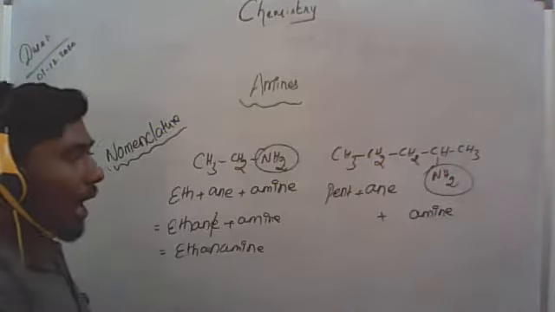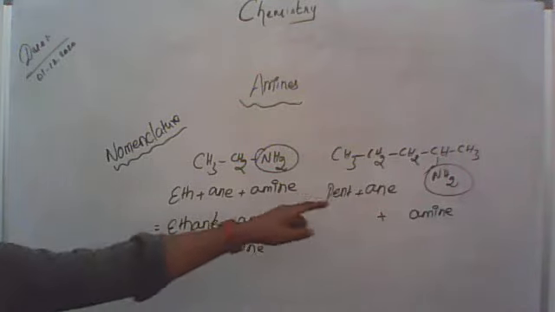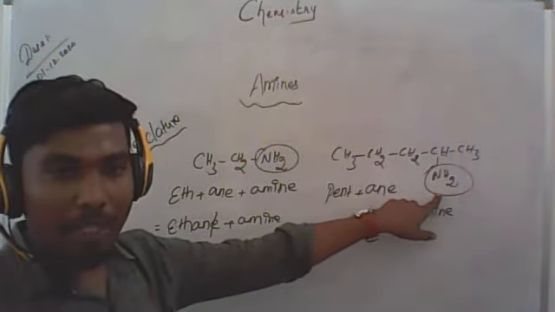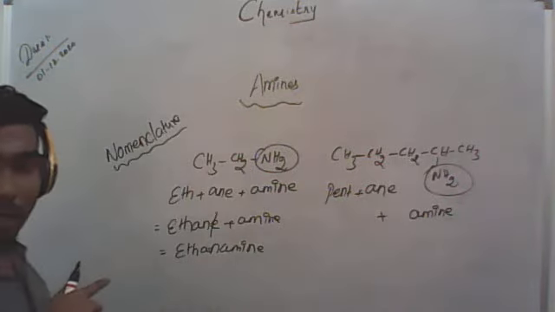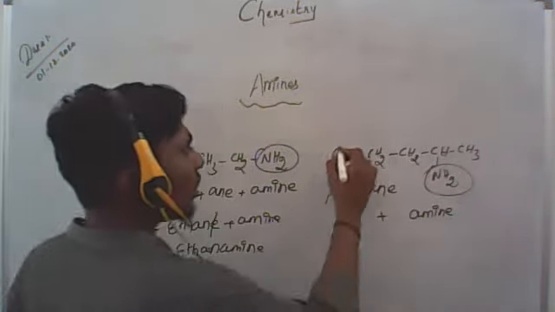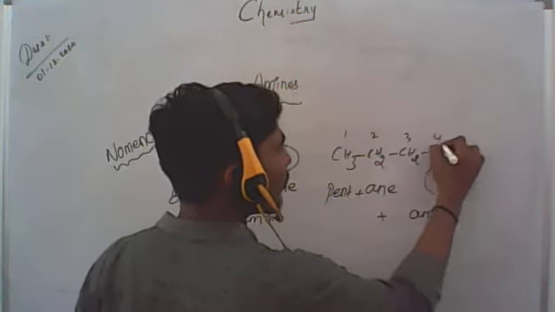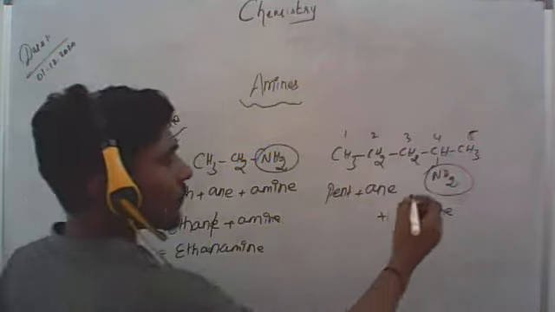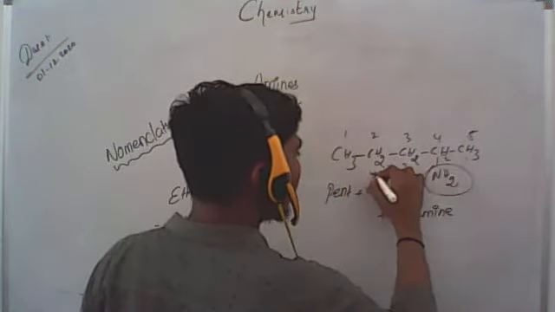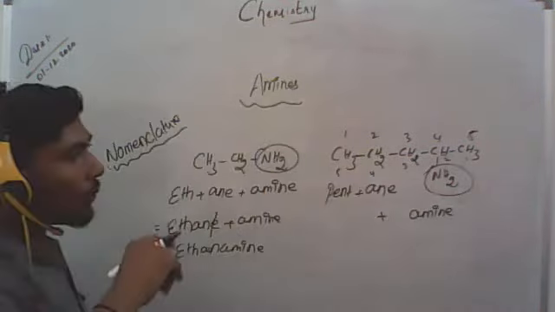Before adding the name, see the position of the amine. Always we have to give numbering from two sides: 1 2 3 4 5, this is one kind of numbering. Then another numbering is 1 2 3 4 5, so there are two kinds of numbering. Okay?